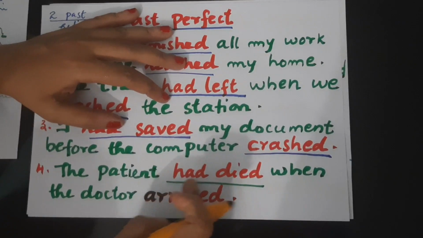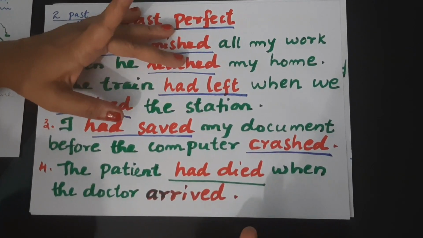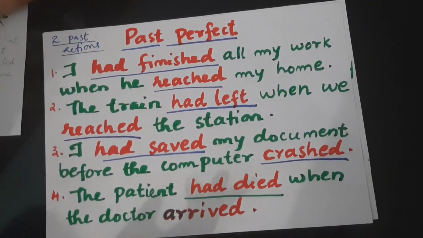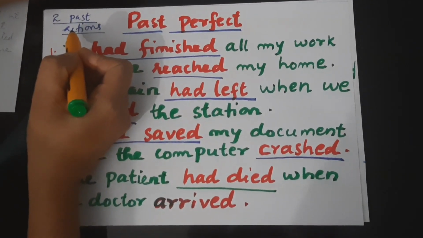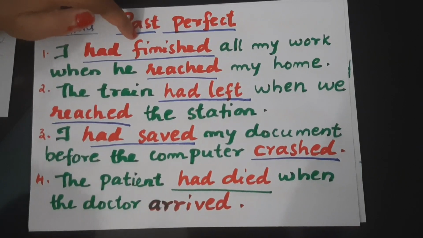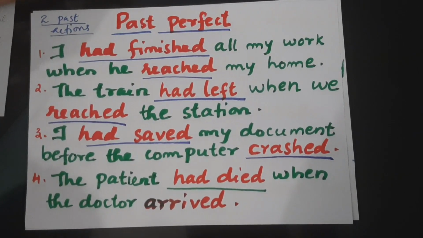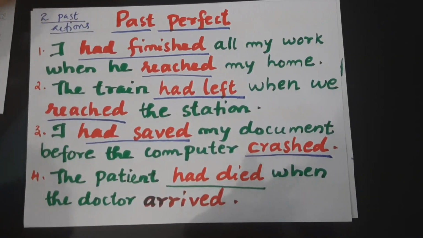The patient had died when the doctor arrived. Arrived is only in simple past. So what we discussed is this: when we refer to two past actions, in the first completed action we can use past perfect tense, whereas the second completed action will remain only in simple past tense.